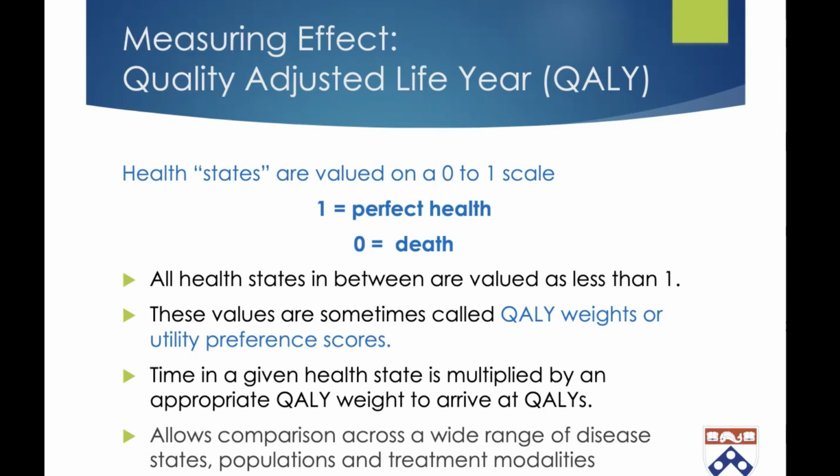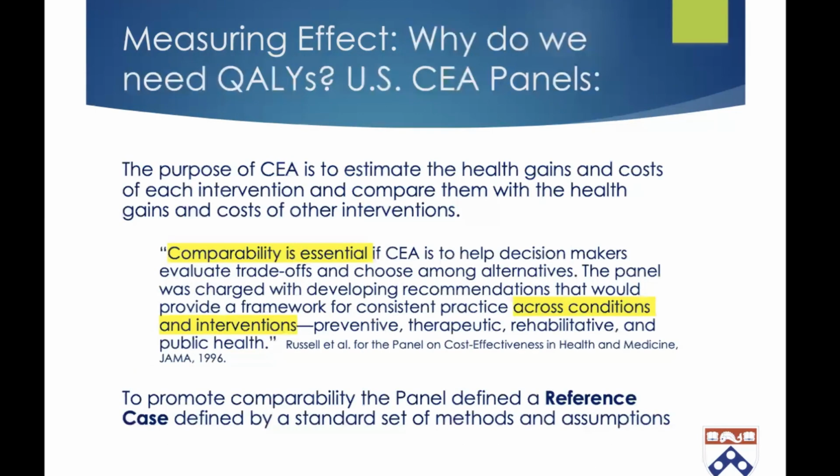Look at us, adopt us, implement us, fund us. It allows us to be on common ground in comparison across different disease states, and also populations. If you implement your intervention in a low risk population versus a high risk population, you're going to have different results.